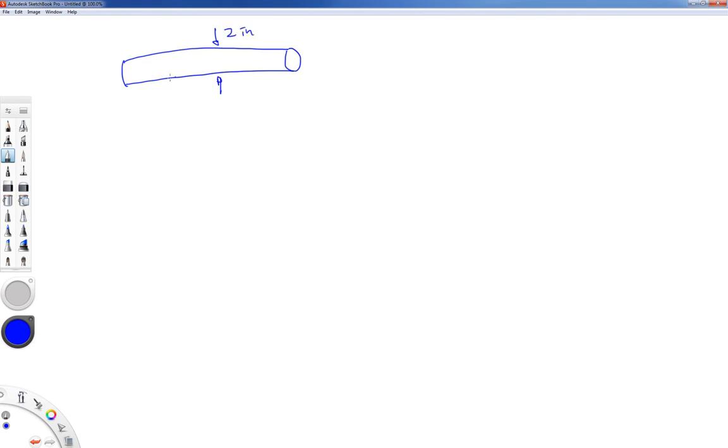Say this is a 2-inch diameter, and we have 2,000 pounds applied in this direction, in the axial direction. And we want to find the stresses where that is a 30-degree angle. We want to find the normal stress and the shearing stress on that particular inclined plane. All right, so here's what we want to do. We want to draw a free body diagram.